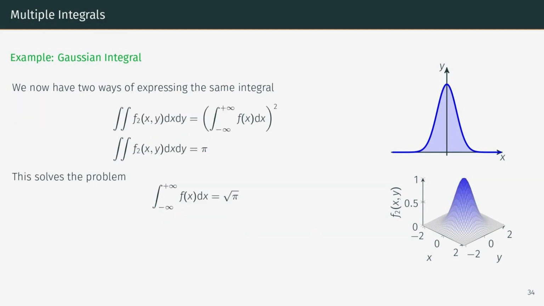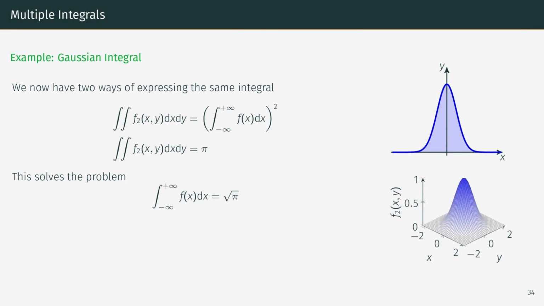We now have two ways of expressing the same integral. Firstly, the double integral of f2 of x, y dx dy is equal to the integral of f of x dx from negative infinity to infinity all squared.